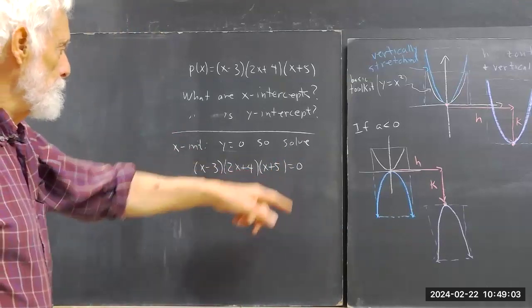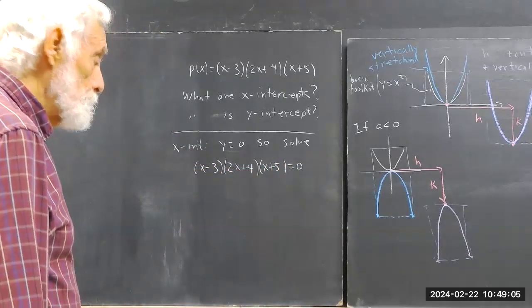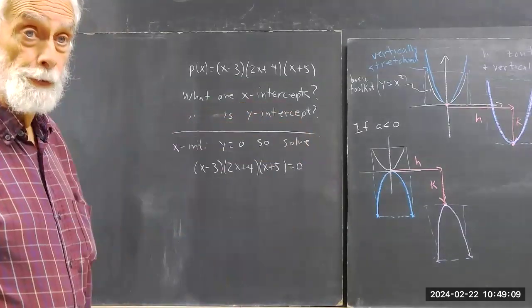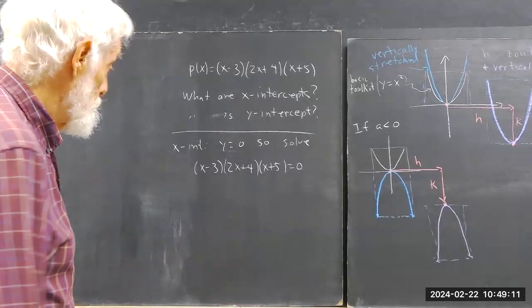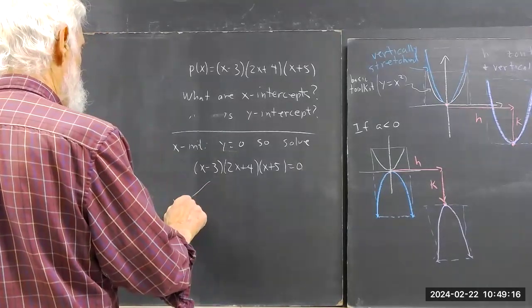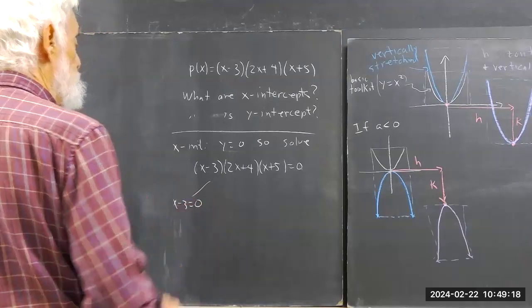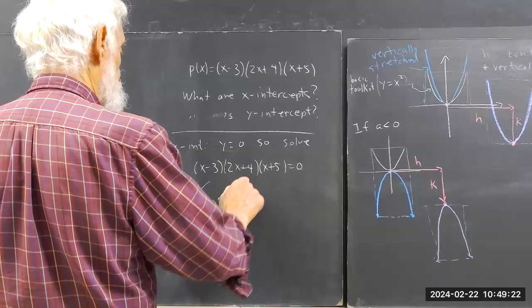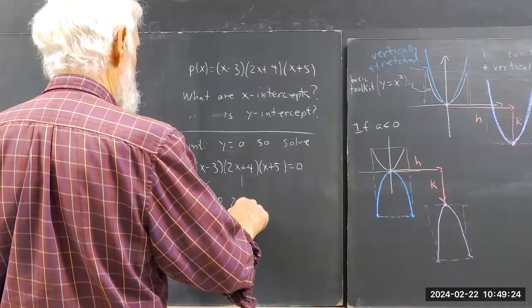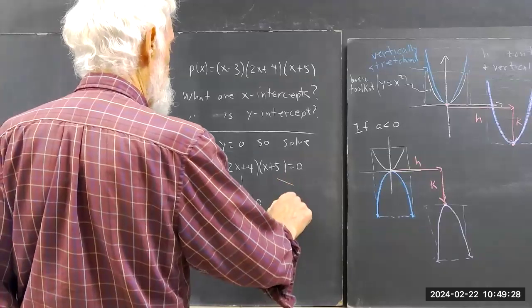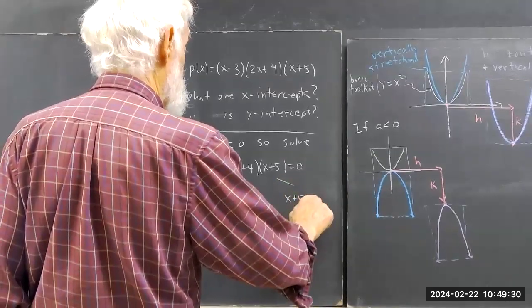So we solve this equation. How do we solve this equation? You've got three things. You multiply them out to give you 0. That means that one of them's got to be 0. Maybe it's this one. So maybe x minus 3 is 0. If not, then maybe it's this one. If not, then it has to be this one. Got to be one of them.